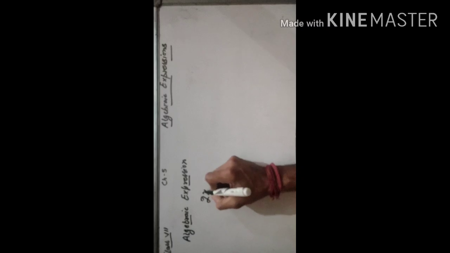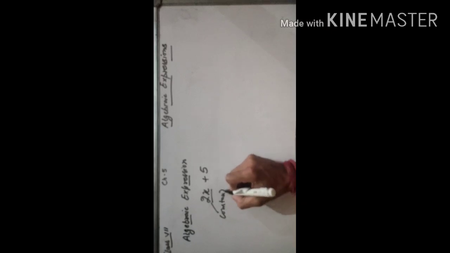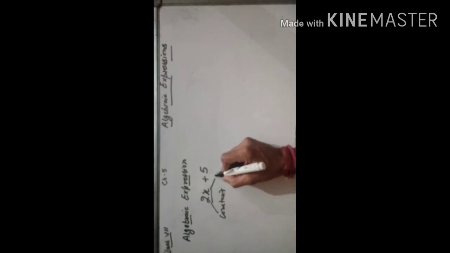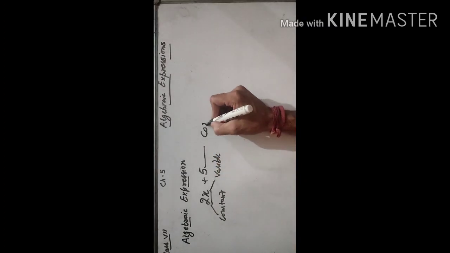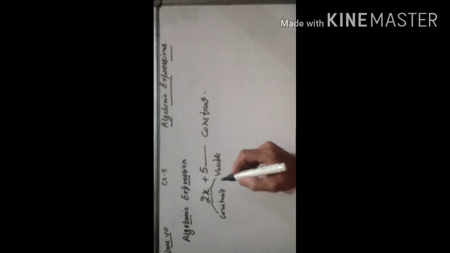Now if I write 2x plus 5, here 2 is constant, x is variable, and 5 is constant. So this expression 2x plus 5 is an expression of two terms, first term and second term.